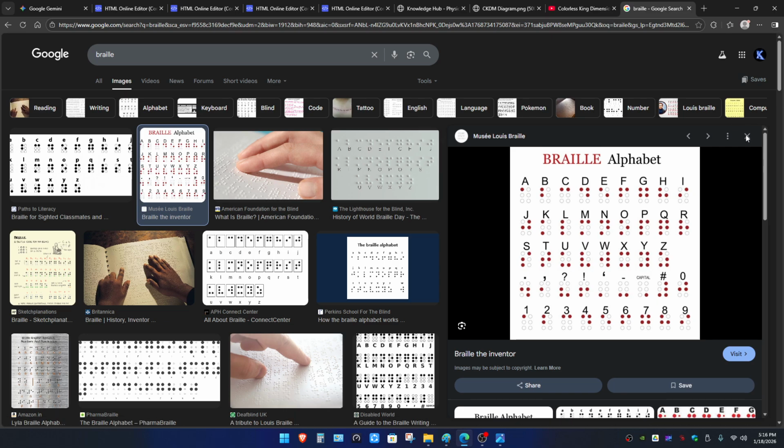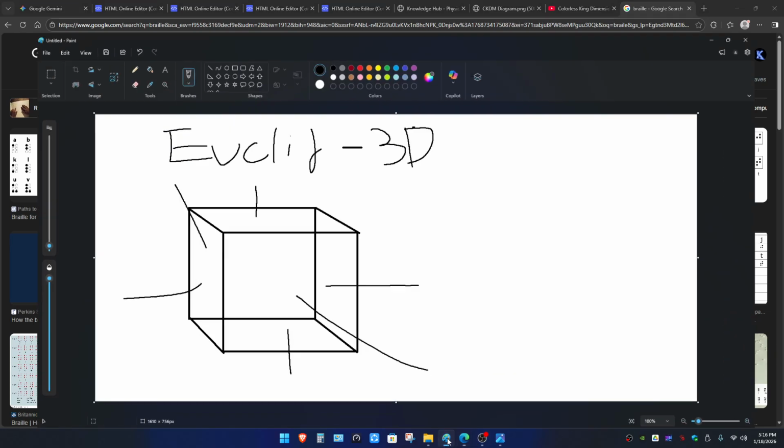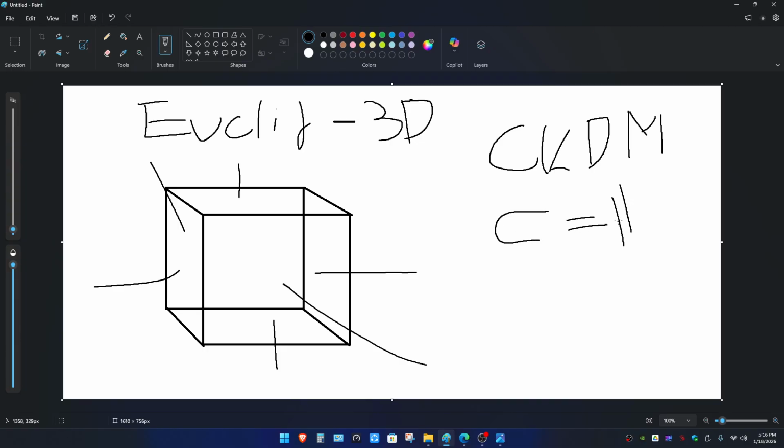Now, according to my CKDM model, there are two types of physics, and let's talk about the two types of physics in the CKDM. One is classical physics. Classical physics falls into the category of human intuition.